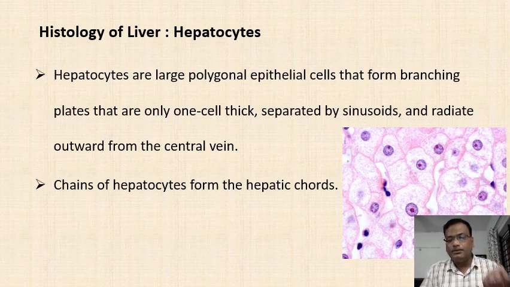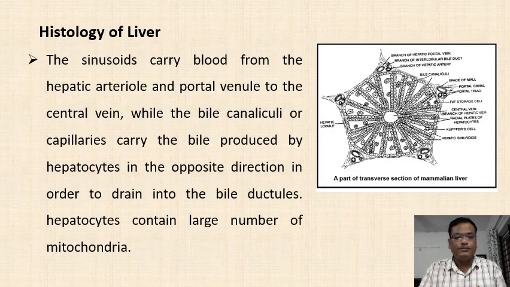So what is in the center? Central vein. From the central vein they extend up to the border or periphery of the lobule. That is how the hepatocytes are organized, and chains of hepatocytes are commonly called hepatic cords.